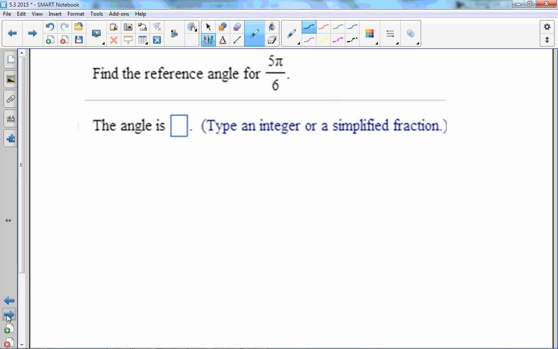Now, for radians, there's some shortcuts, but it only happens when you have it over 3 or 4 or 6, which is most of the time what you have.